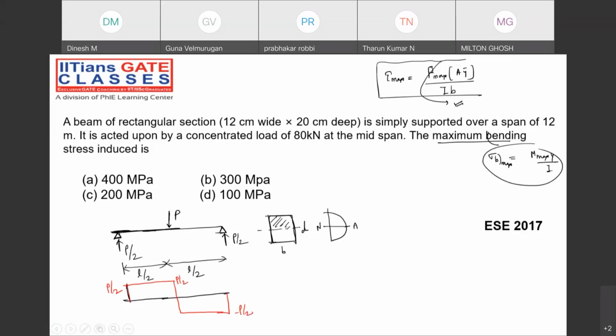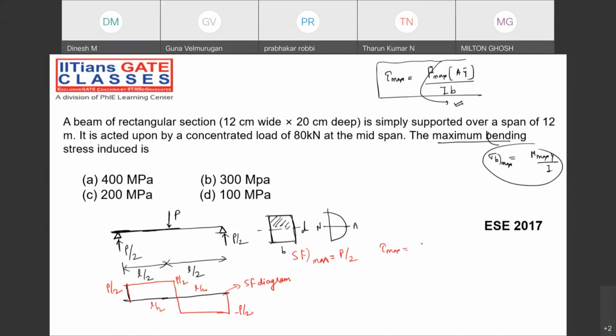What is the maximum shear force that can be acting in the beam? Maximum to maximum, P by 2. There is no P. Check it out. Maximum shear force we will be getting in the whole length of the beam is P by 2. Now put the value and get the answer.